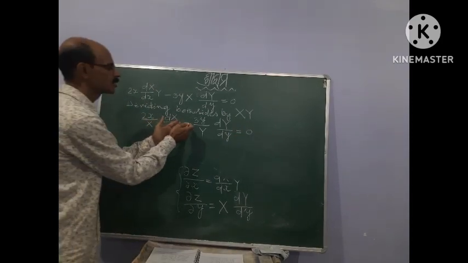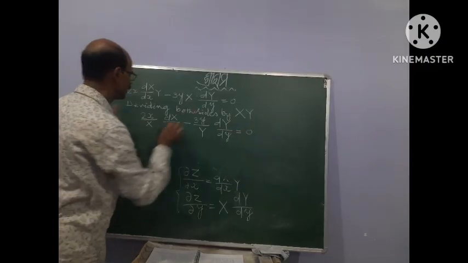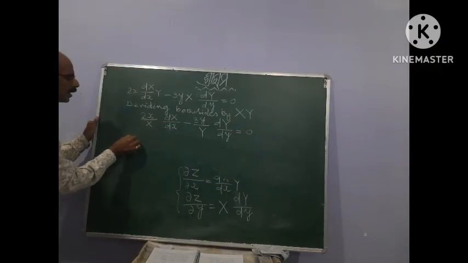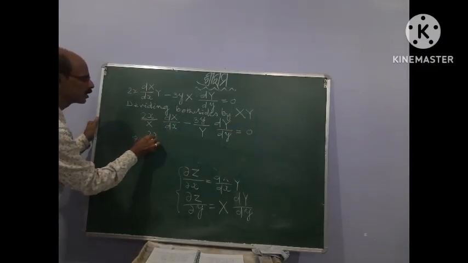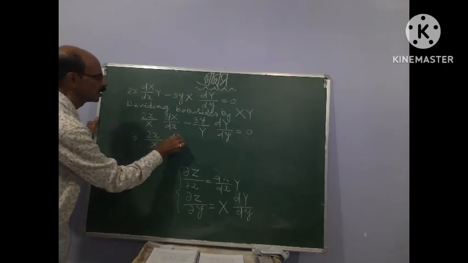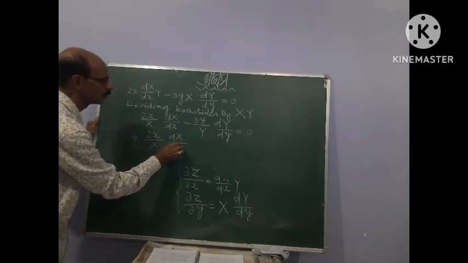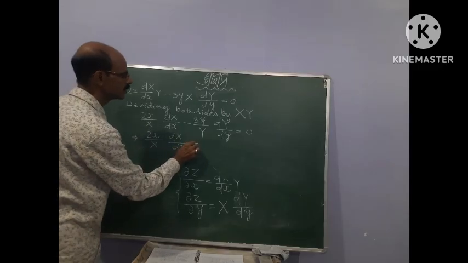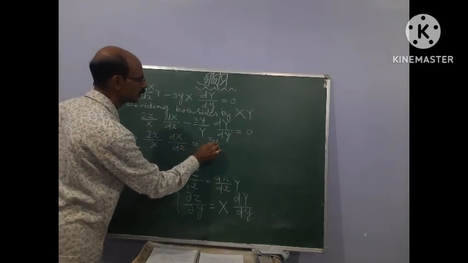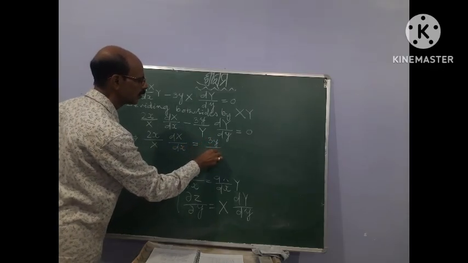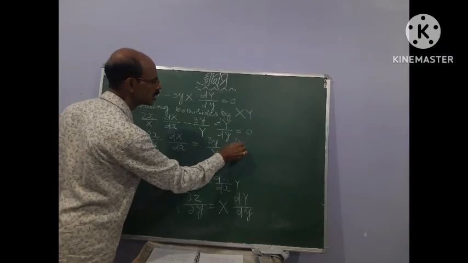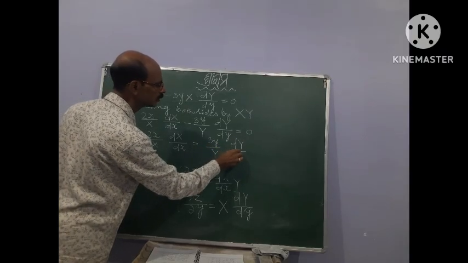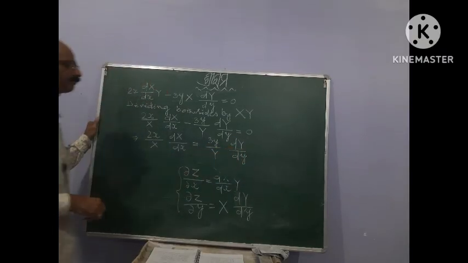नाउ इसको इक्वल टू साइन का इस तरफ ले जाते हैं. This implies 2x by capital X dX by dx is equal to 3y by Y dY by dy.